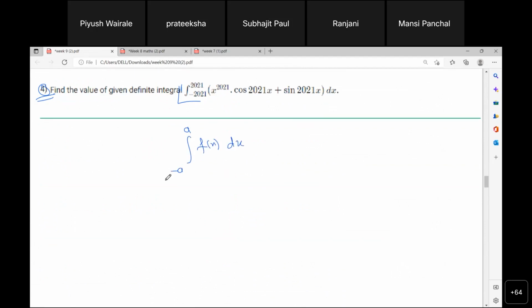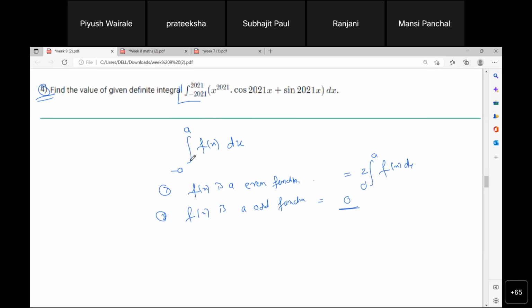Just remember one thing: if f of x is an even function, then this integral will be equal to twice of 0 to a f of x dx. And if f of x is an odd function, then simply this integral will be equal to 0.